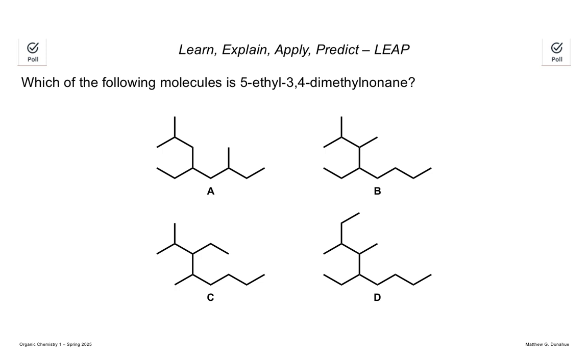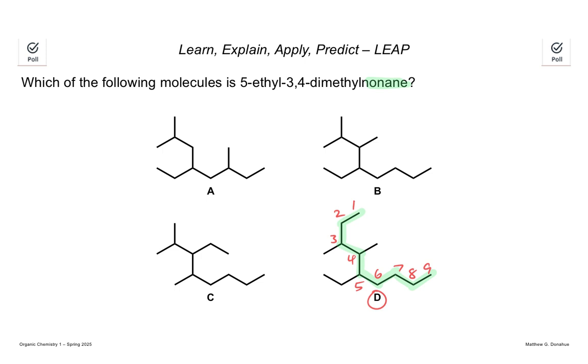Okay, so which one is 5-ethyl 3,4-dimethyl nonane? D. And then we'll just do some coloring.